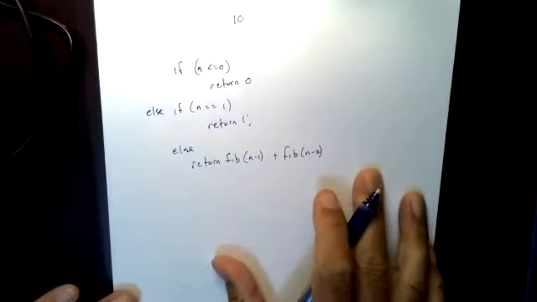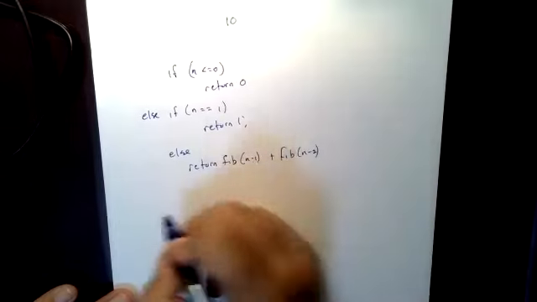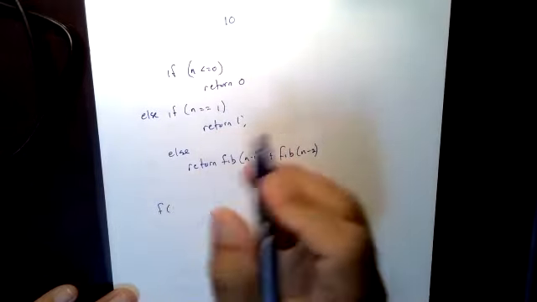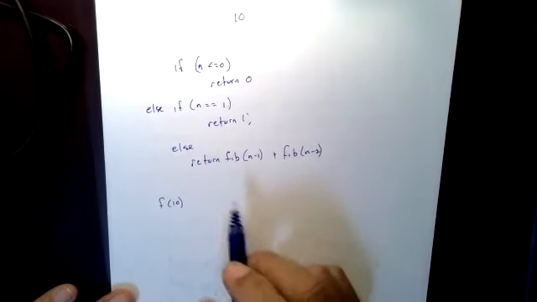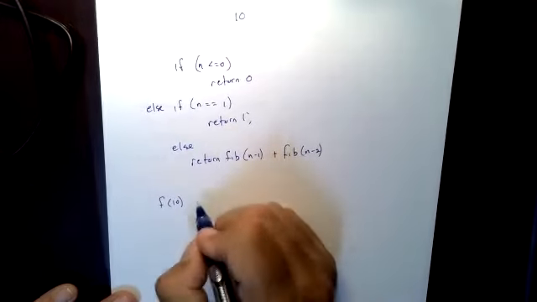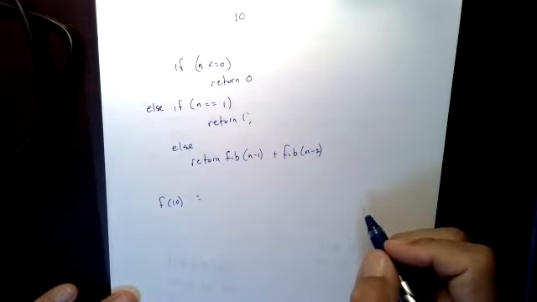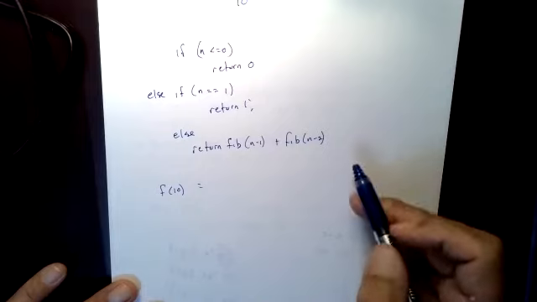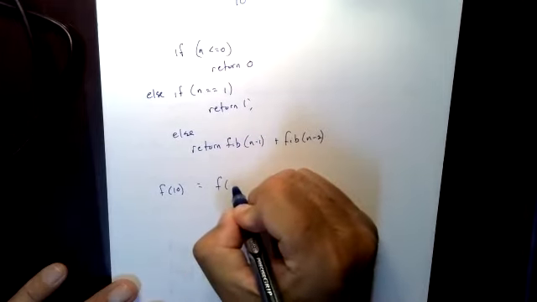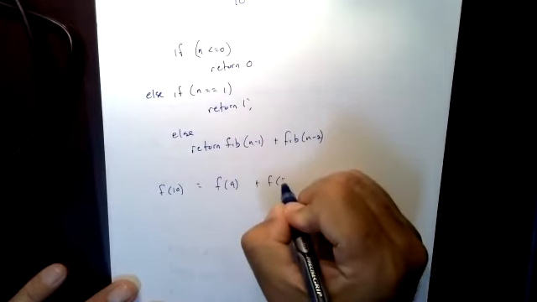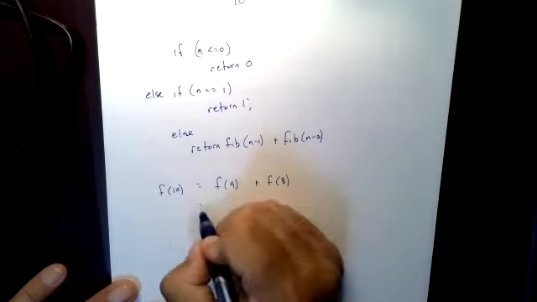Okay, so let's see if we can follow this. I want f of 10, or fib of 10. Fib of 10 equals what? Fib of 9 plus fib of 8, and I don't know what either one of those are.